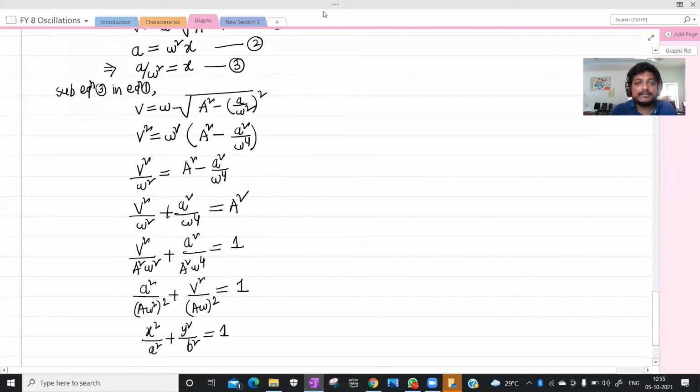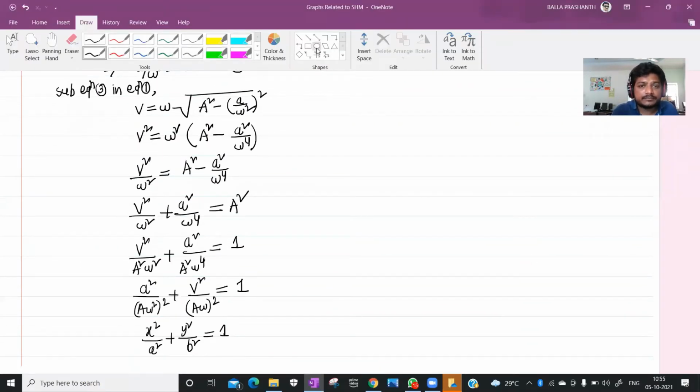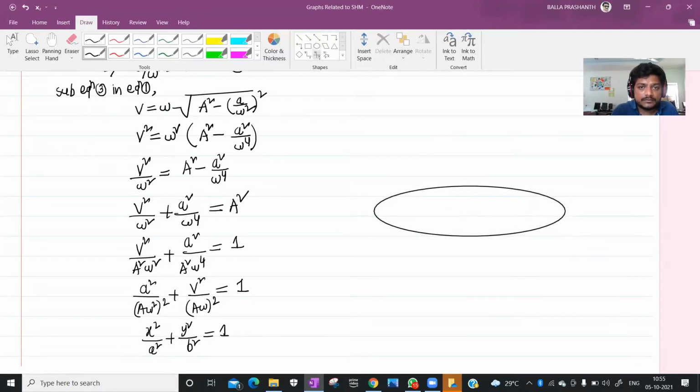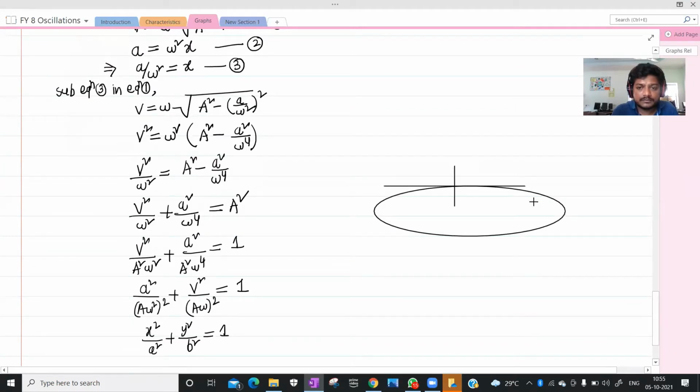See how the graph should be. Along the x-axis I'm taking acceleration, and along the y-axis I'm taking velocity v.